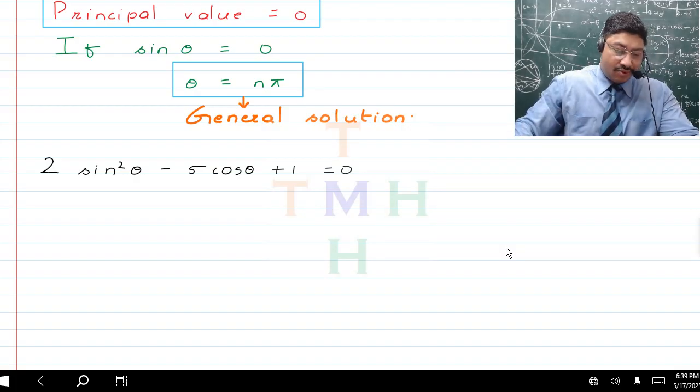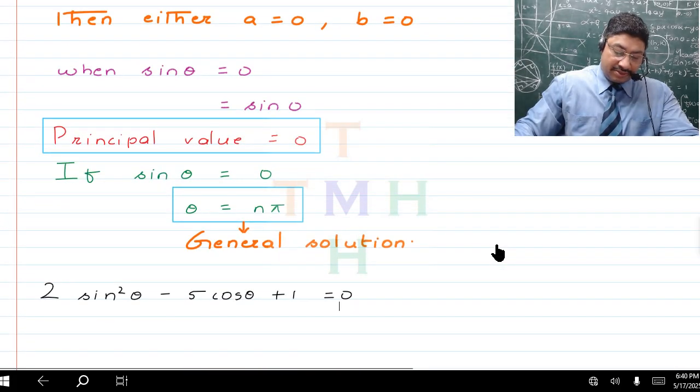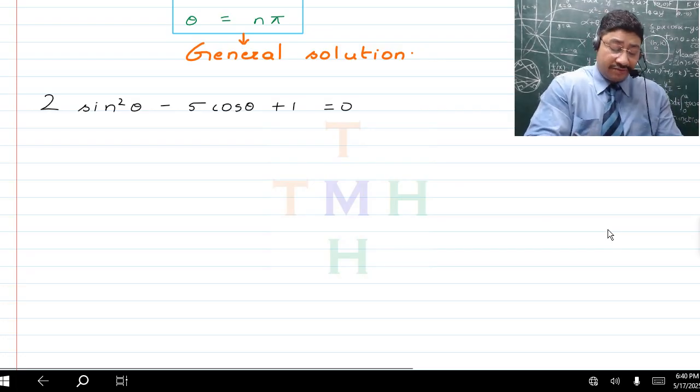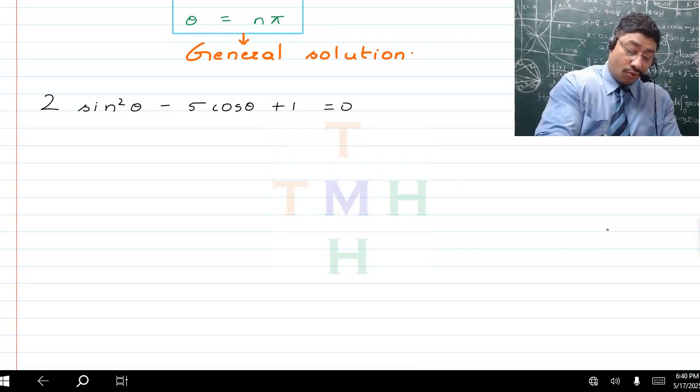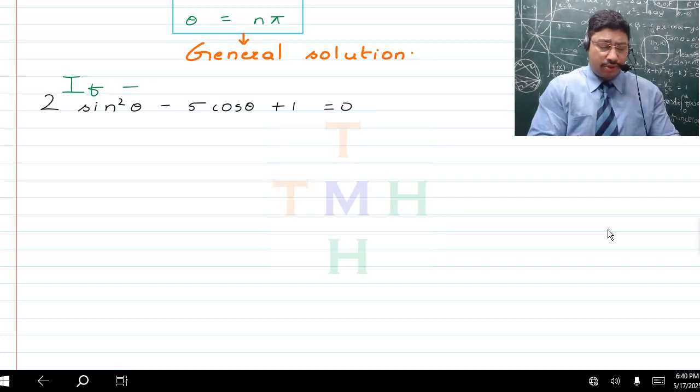Now quickly checking whether all of this is correct or not: you have 2 sine squared theta, and then minus 5 cos theta plus 1 is equal to 0. Perfect. Now you have to solve this, because this is also one of the possible solutions, right? So if this is equal to 0 by the zero product rule, then what will you do? Now children, remember again, we are going to use the trigonometrical identity.